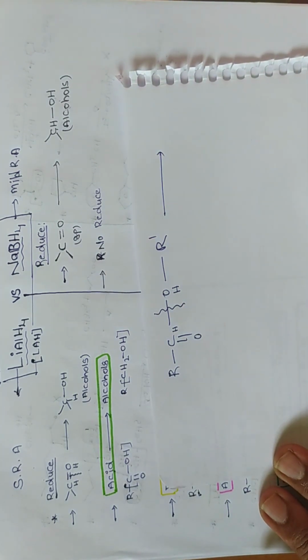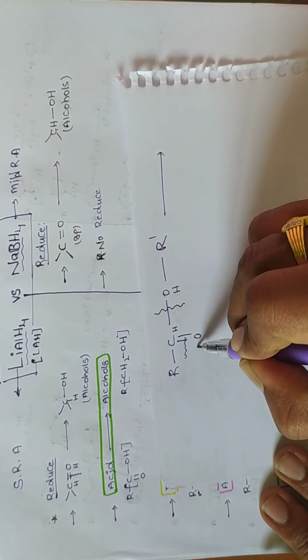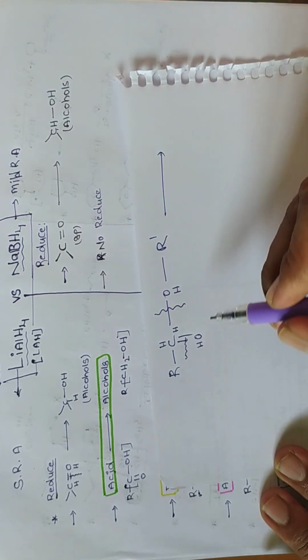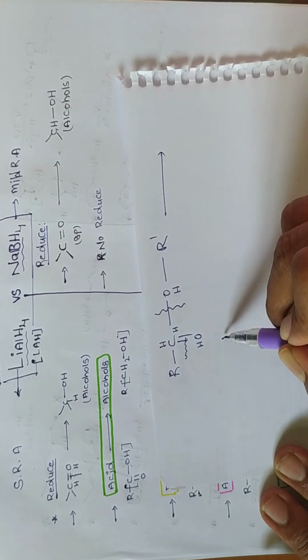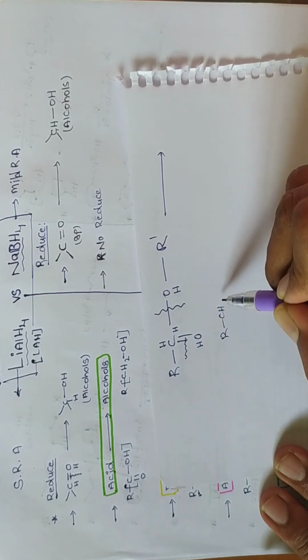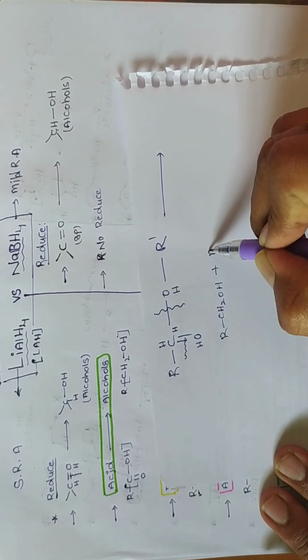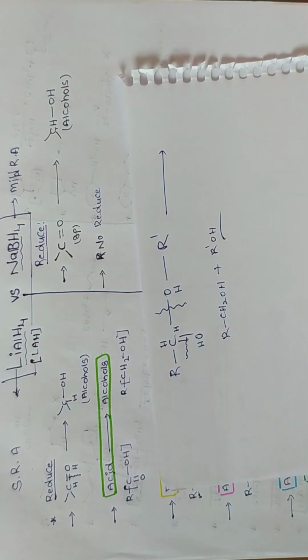Next break this C=O group, and add one hydrogen here, one hydrogen here. Then finally we have R, CH2OH, and next here R dash OH. Like this, if you follow the simple method, you can get the answers easily.